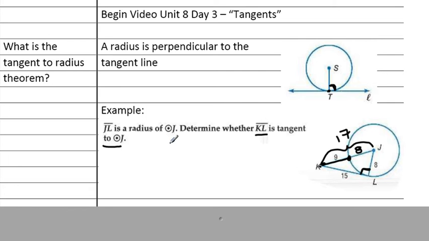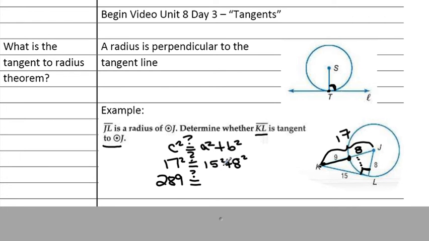So we're asking the question, is c squared equal to a squared plus b squared? Our c, as you know, is always directly across from the 90-degree angle. So I'm asking, is c squared, or 17 squared, in fact equal to 15 squared plus 8 squared? 17 squared is 289.